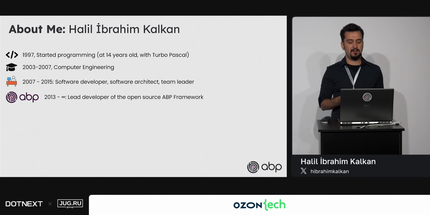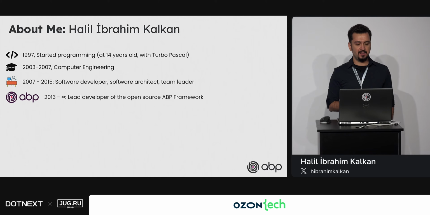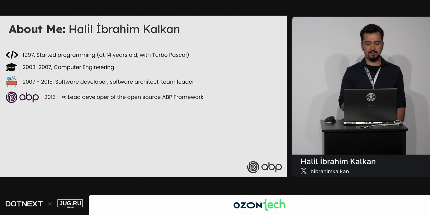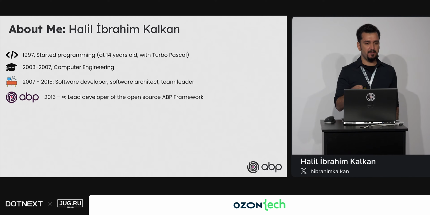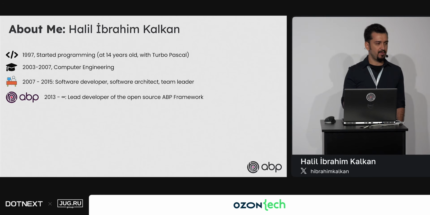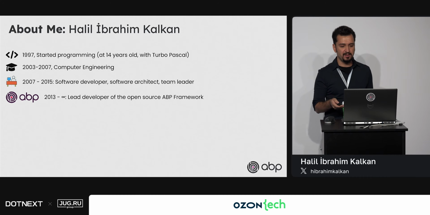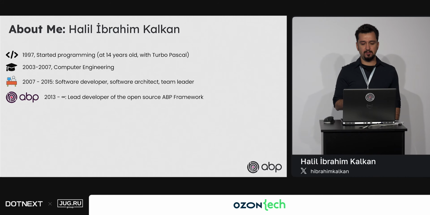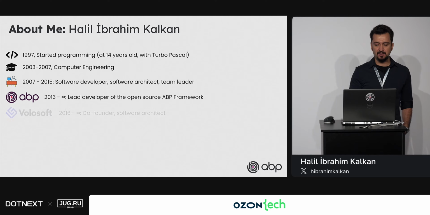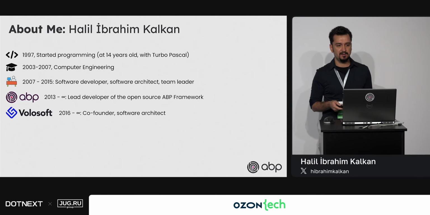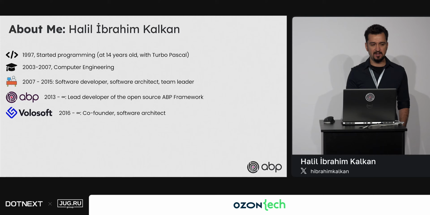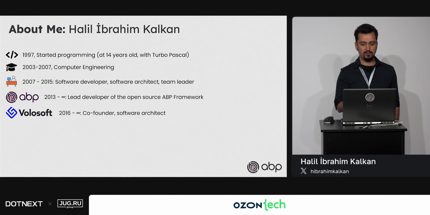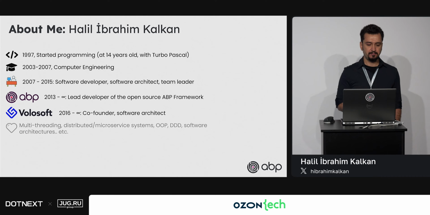And then in 2013, I created the ABP framework project on GitHub as an open source framework project. And I still continue to lead this project. 3 years later, this project became very popular, and we established a company. So I am one of the co-founders of this company, Velosoft.